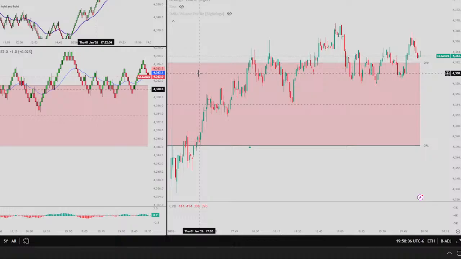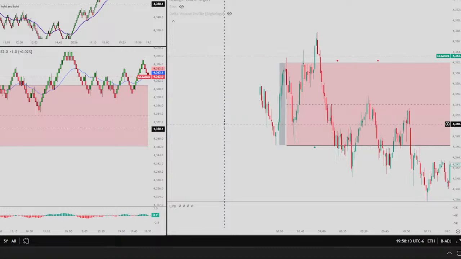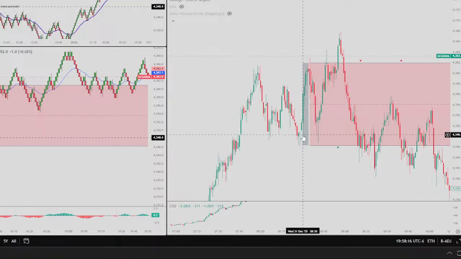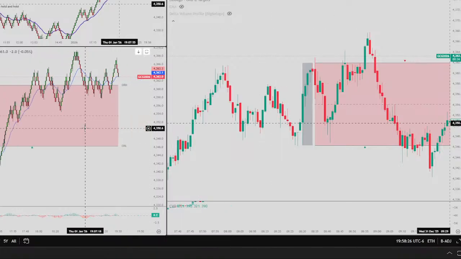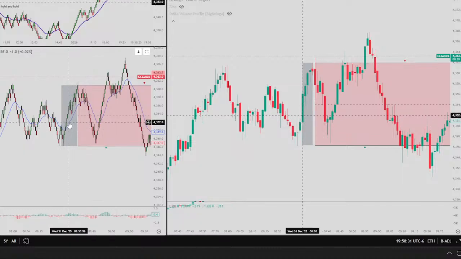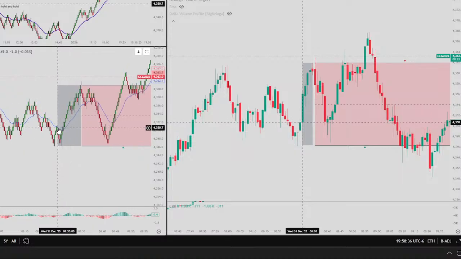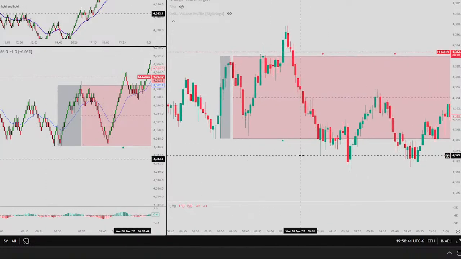So instead of just jumping right into a trade right off the open, we want to see volatility, and it's hard to gauge volatility when you get caught in chop and very low volume.